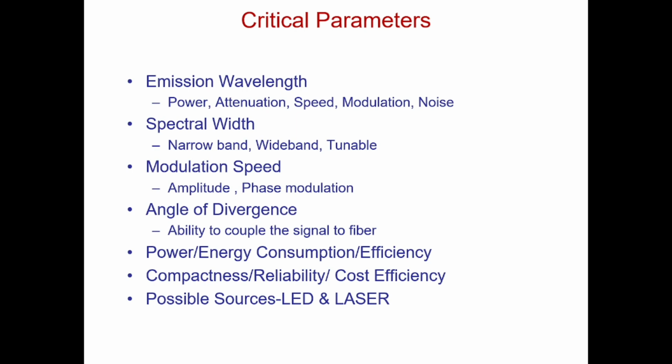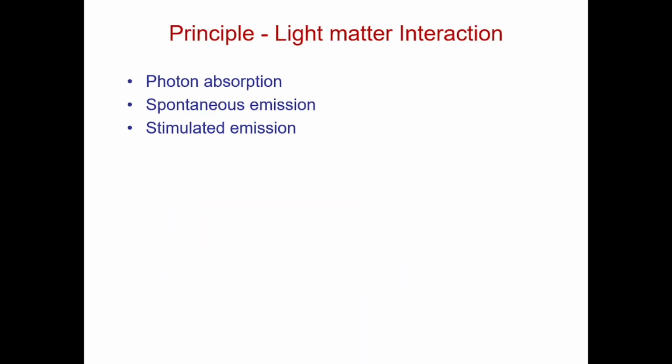The light sources basically are LED and the lasers. And because of the cost efficiency, reliability, and compactness, they can be practically deployed and are commercially available optical sources for any fiber communication system.